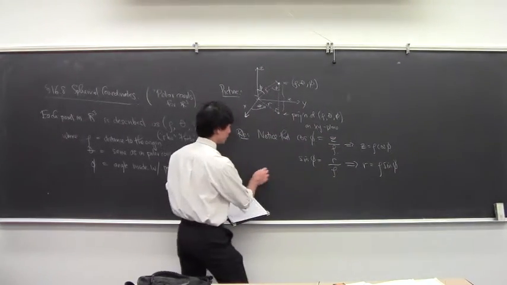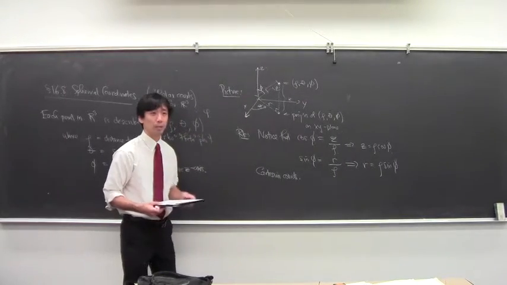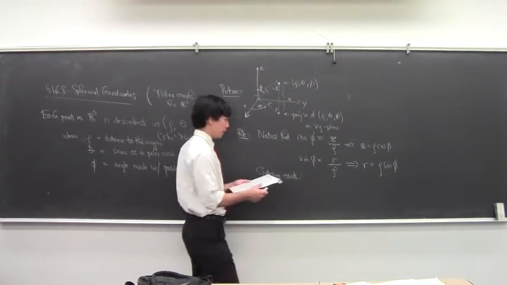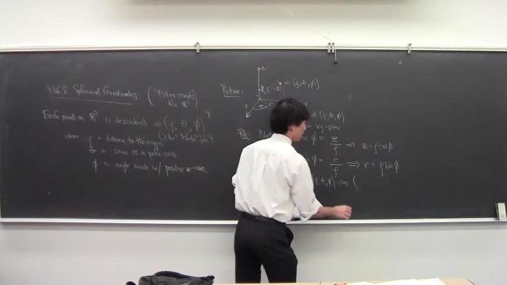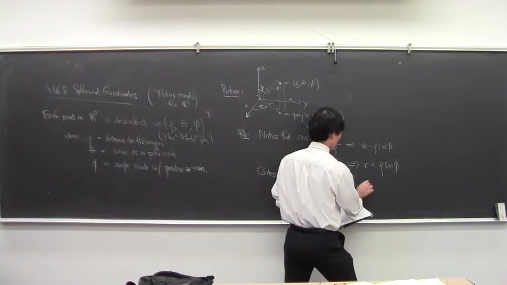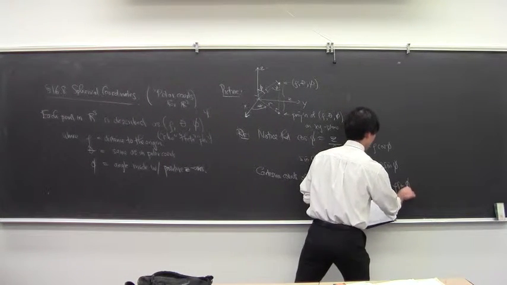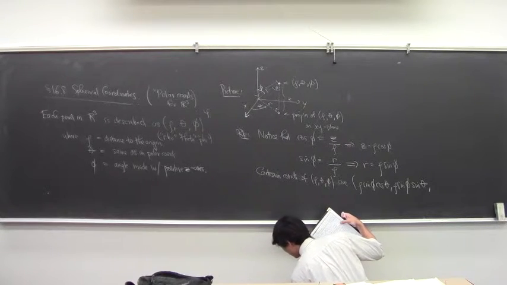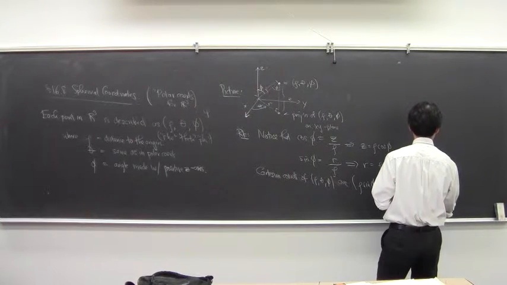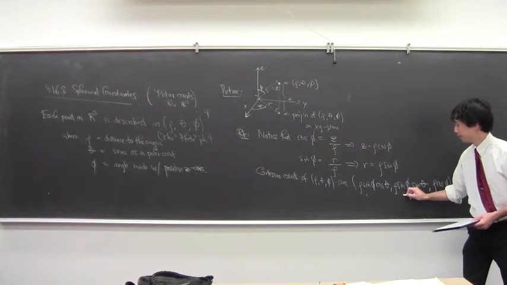And so if we want to go from spherical to Cartesian coordinates, the Cartesian coordinates of rho, theta, phi are r cosine theta, r sine theta, and z.